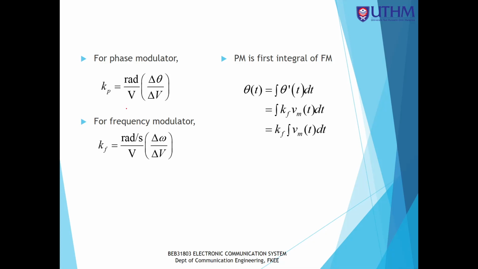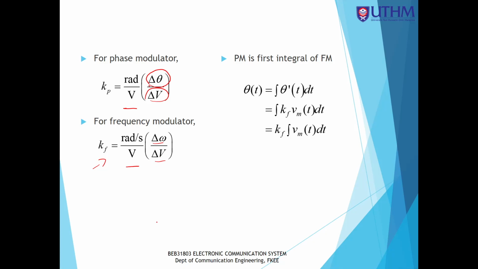Kp is found by the difference of theta divided by the difference of voltage, delta theta divided by delta V. Whereas for Kf, the unit is radian per second per volt. It is calculated by delta omega divided by delta V.